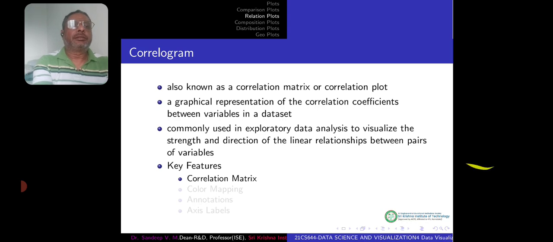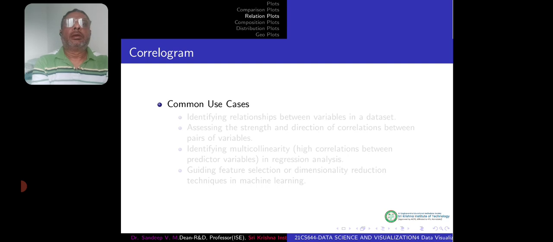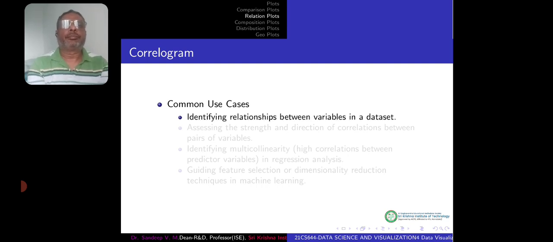The key features of a correlogram are the correlation matrix, color mapping, annotations, and axis labels. Now the common use cases where we can use them. It's very useful when we are trying to identify relationships between the variables in the data set.